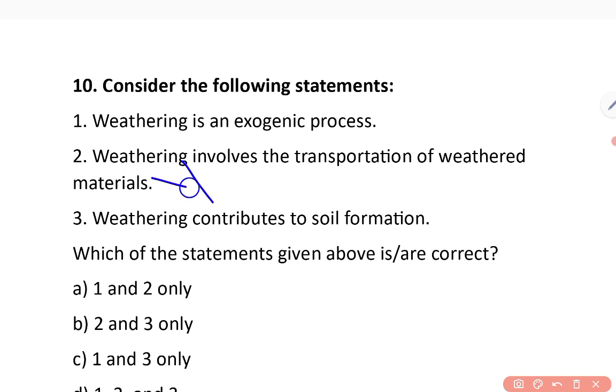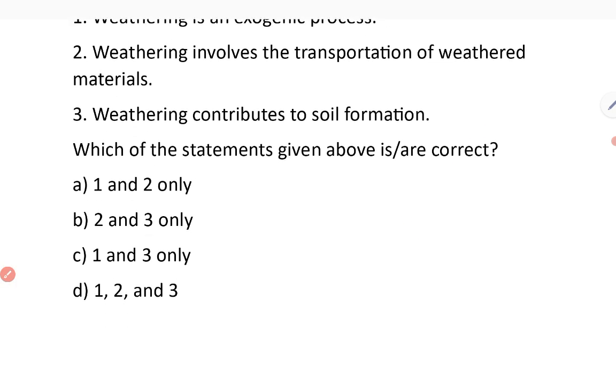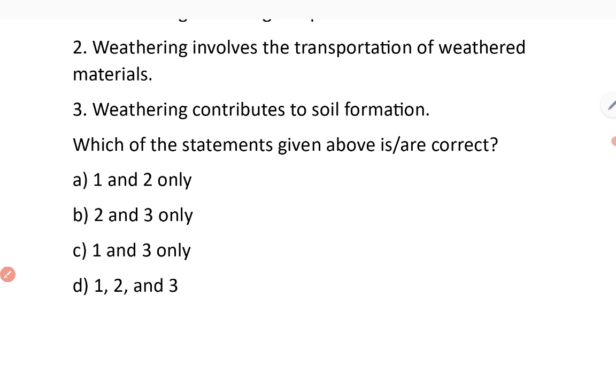So the second statement is wrong. Third, weathering contributes to soil formation. Yes, weathering is a key factor in soil formation, so the third statement is also correct. So the second is wrong, and the first and third are correct. So the tenth answer would be C, first and third.